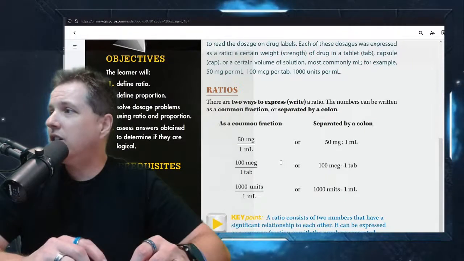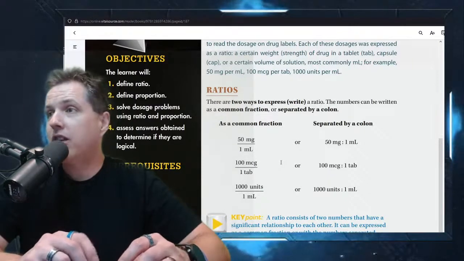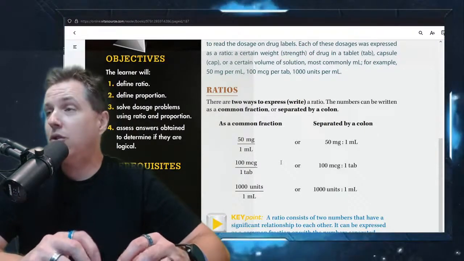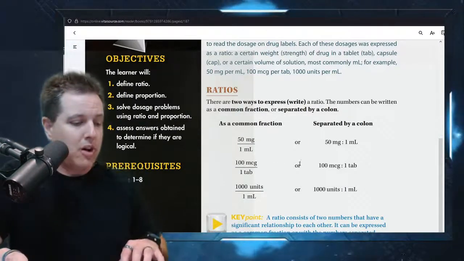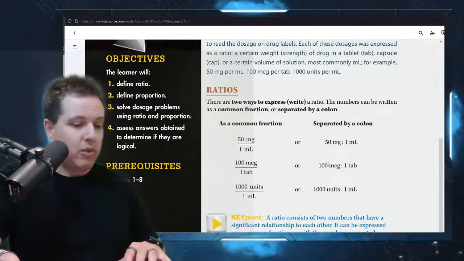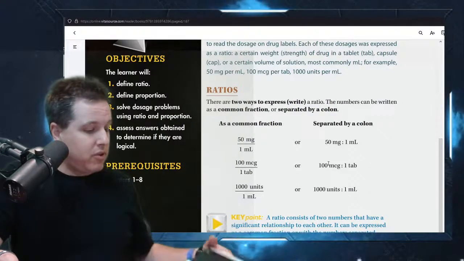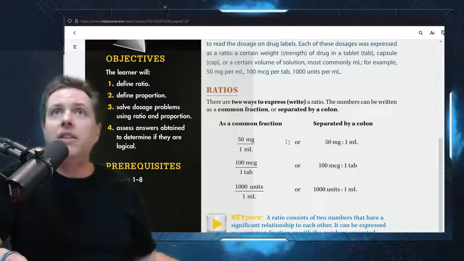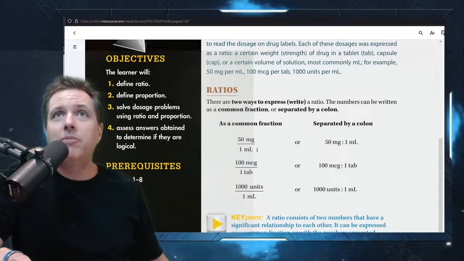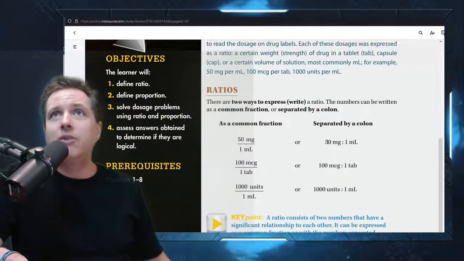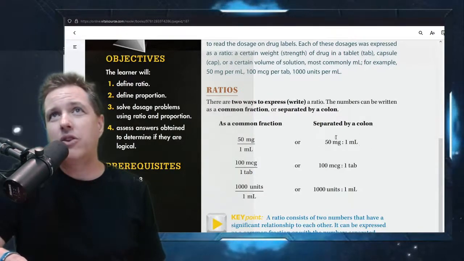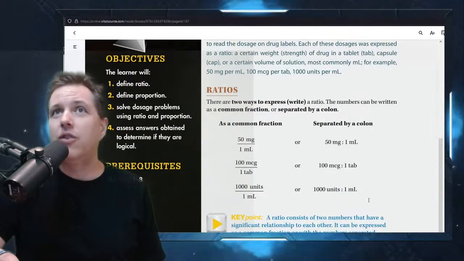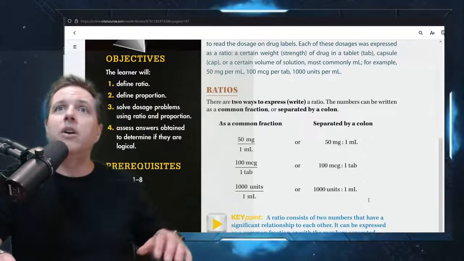It's so convenient to just operate on the fractions directly because you already have experience with multiplying fractions and that kind of stuff. So we're going to jump into that. But these are the same, right? 50 milligrams per 1 milliliter is the same as writing it as 50 milligrams colon 1 milliliter, right? It's weird to do mathematical operations on the version that's on the right, okay?